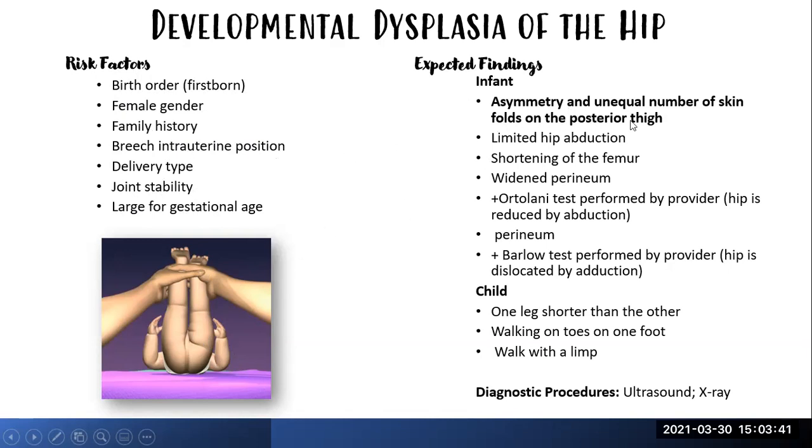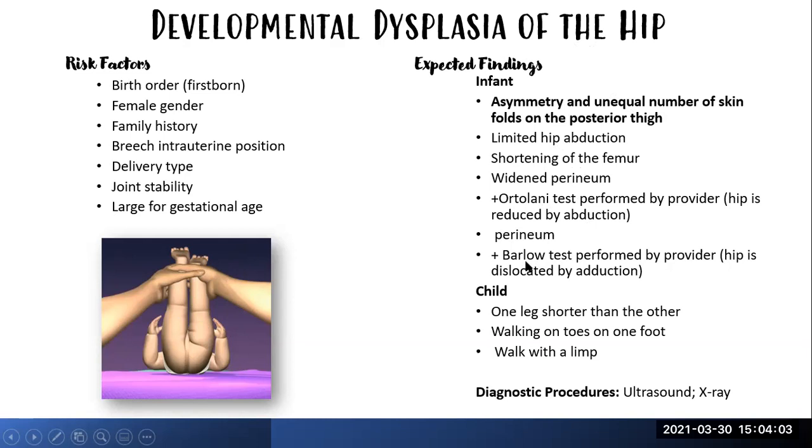So asymmetry and unequal number of skin folds, like you see here in this picture, is a hallmark sign of hip dysplasia. Also, the shortened femur, that's with any hip dislocation or fracture. So shortening of the femur.